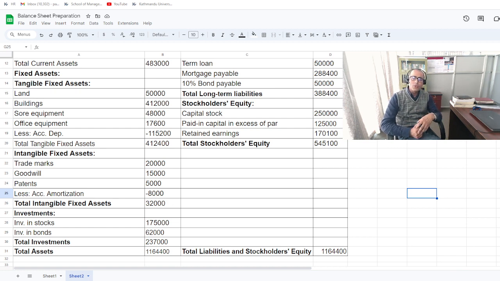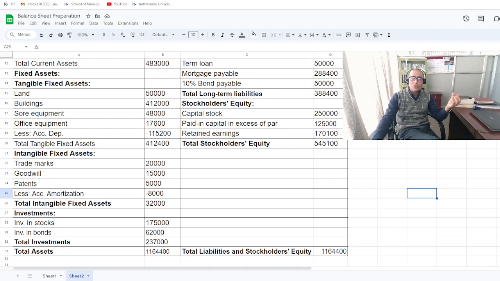In the case of current assets, not all current assets are liquid, friends. Only cash and marketable securities are the most liquid, while prepaid expenses and inventories are less liquid compared to cash and marketable securities. Intangibles are things like trademarks, like your Bata company's trademark or Godrej trademark.